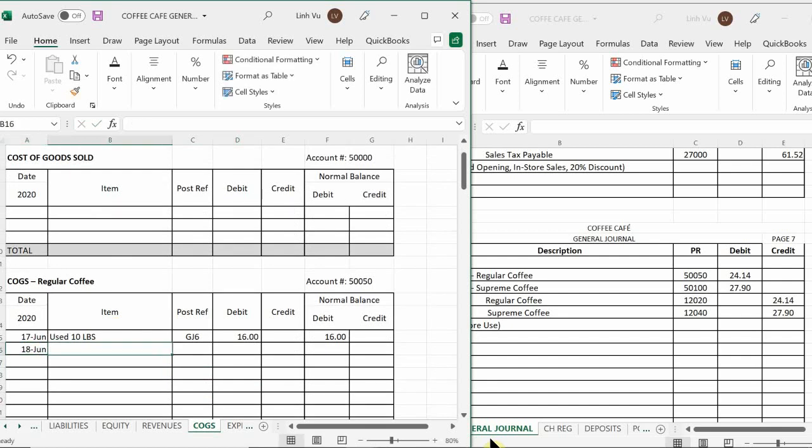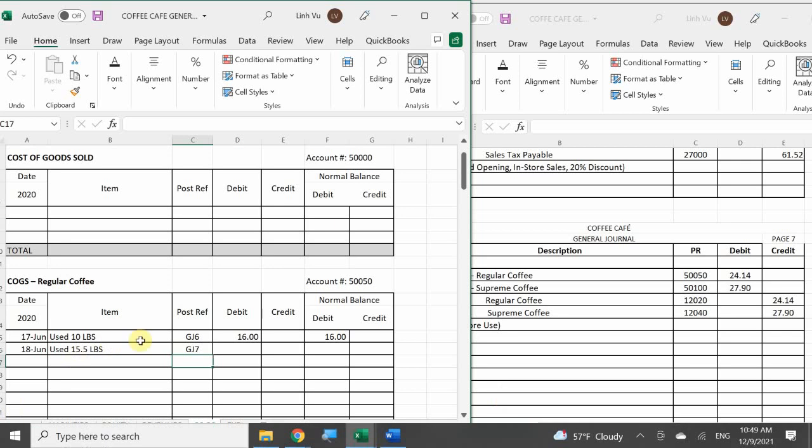I used how many pounds? General journal number 7, because we just changed to a new journal.